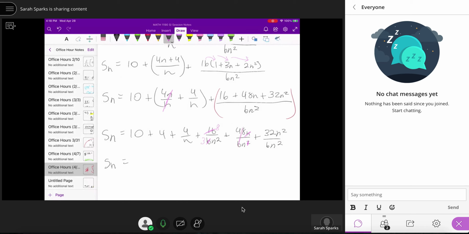So those are going to cancel out to get an 8 on the top, and then 32 divided by 6 is going to multiply by a factor of 2. That's going to be 16 up top, and then 3 on the bottom, and then those n squares would cancel out. So we're going to get 10 plus 4 is 14, plus 4n.